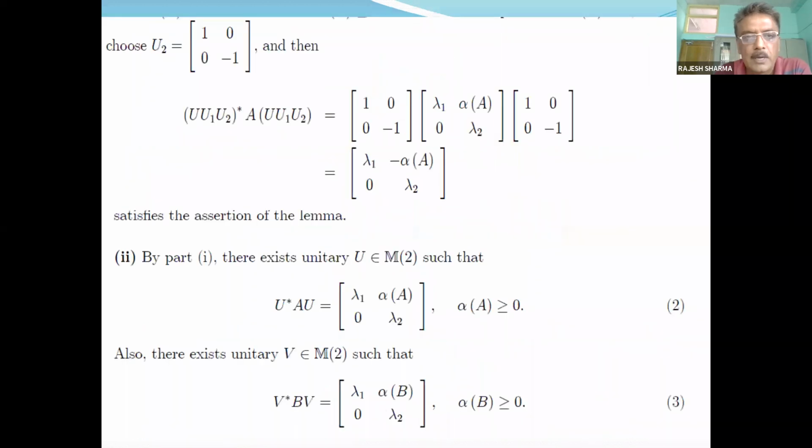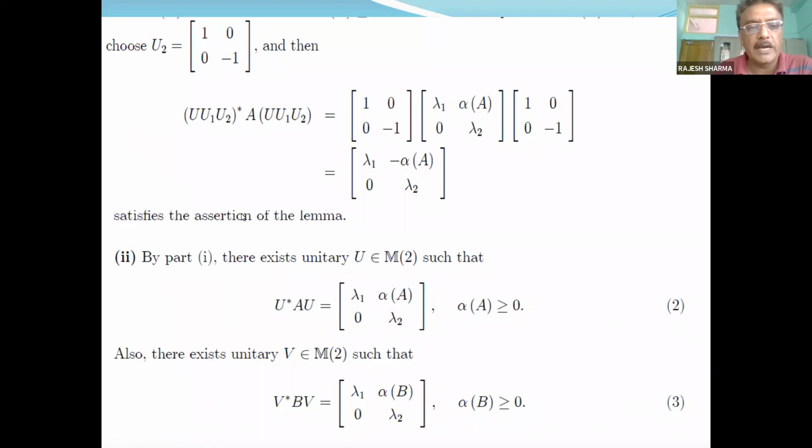If it is negative, then again we choose this unitary 1, 0, 0, minus 1. Then this matrix is unitarily similar to lambda 1, 0, lambda 2 and minus alpha. So if alpha A is negative, we can take minus alpha. So ultimately we have alpha A is non-negative.